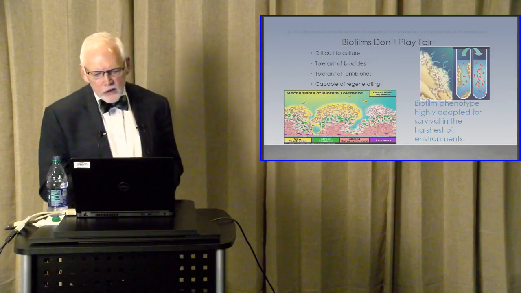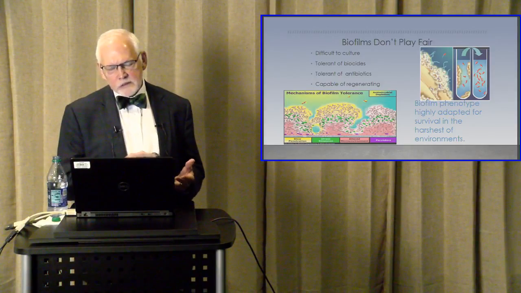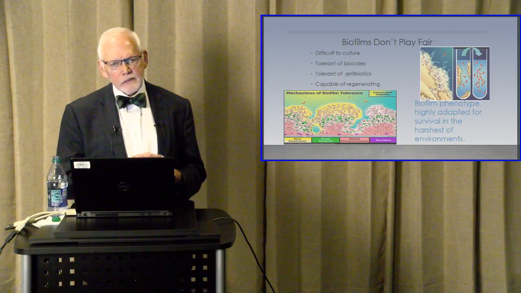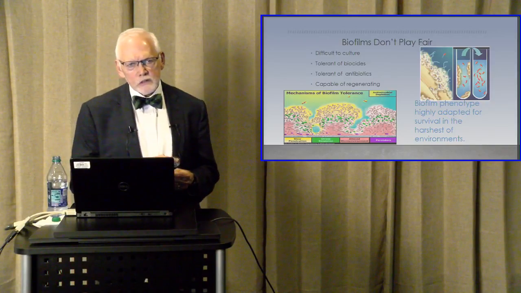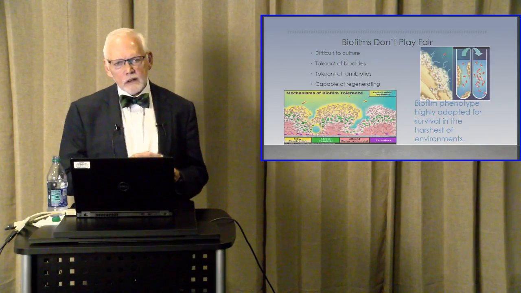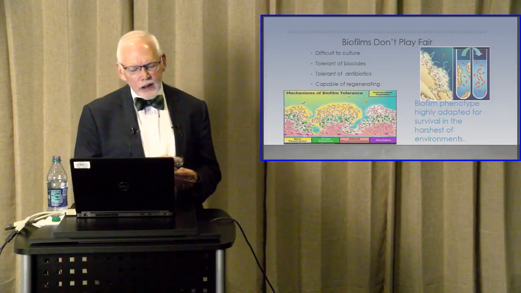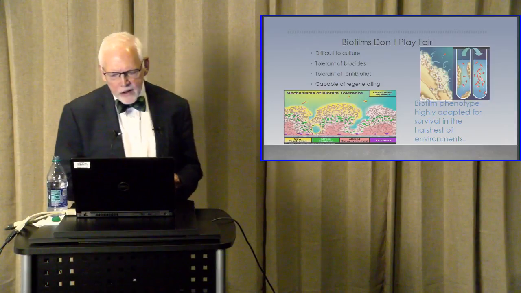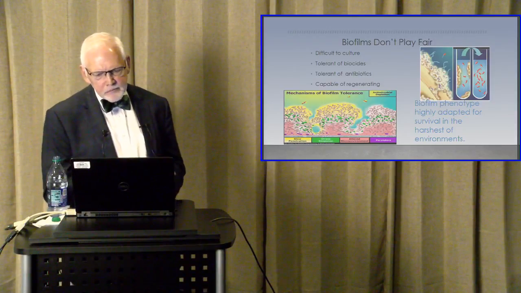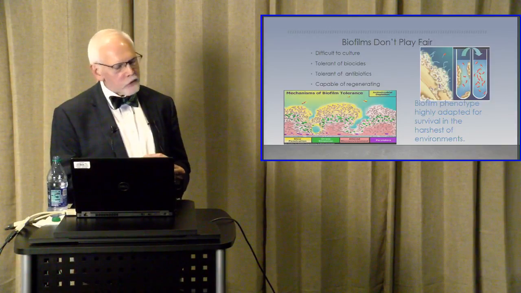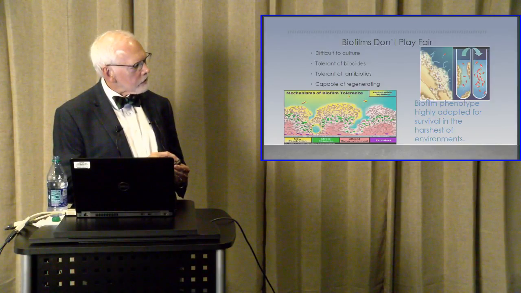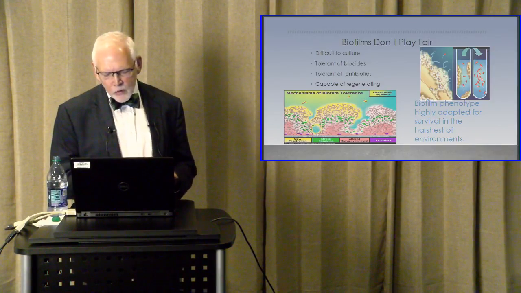And so newer methods, like molecular methods that use RNA or DNA to try to identify which organisms are there, help to determine really what's in the biofilm and on the wound and what we might do about it.